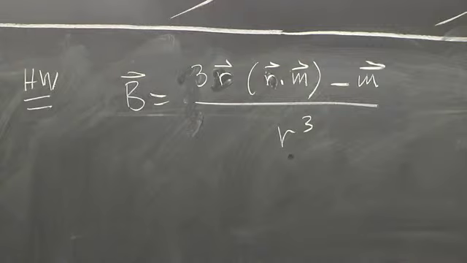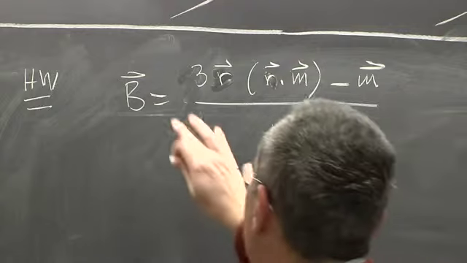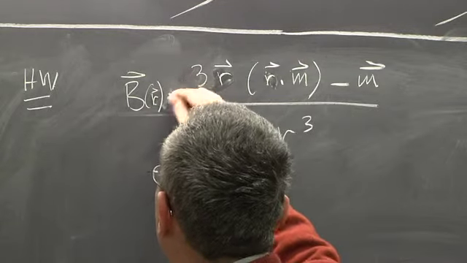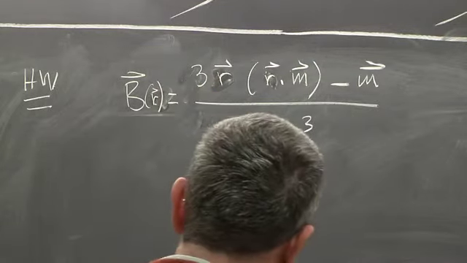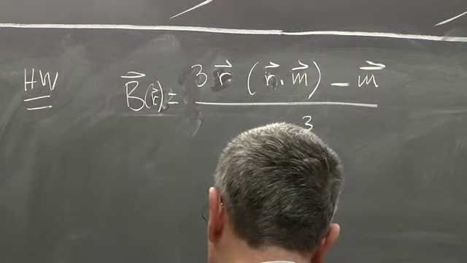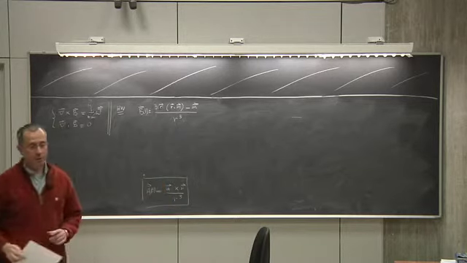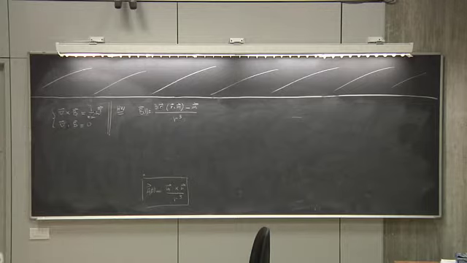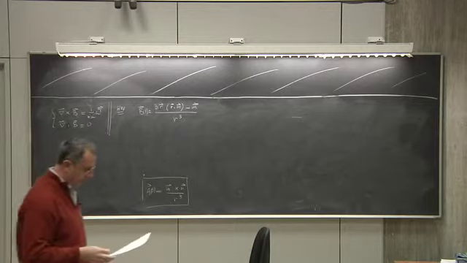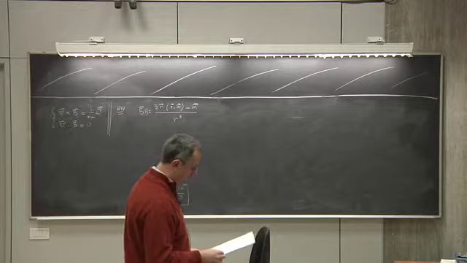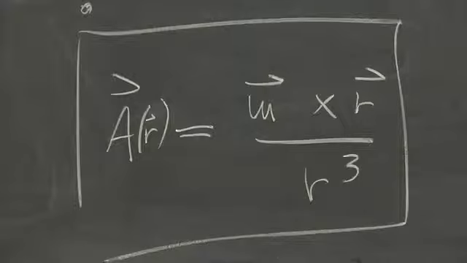If you put R cubed downstairs, it's like this. So the magnetic field in R due to this vector potential, it's just a matter of taking the curl, but may require some work.